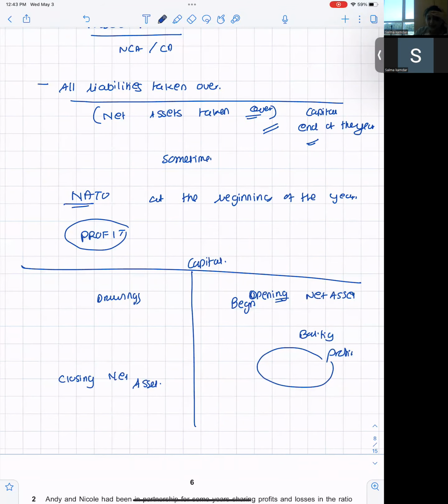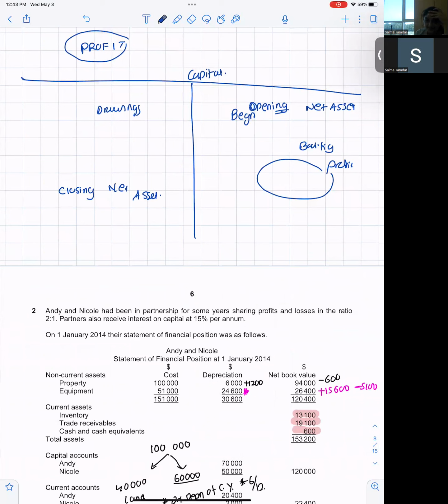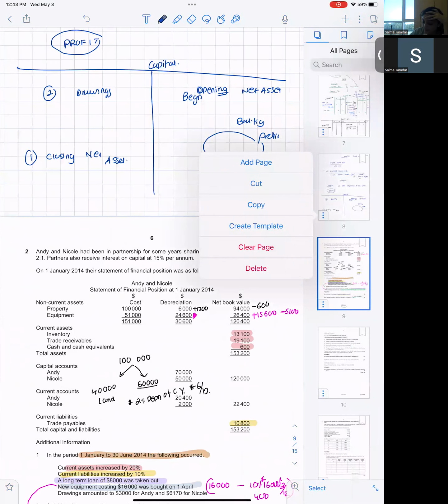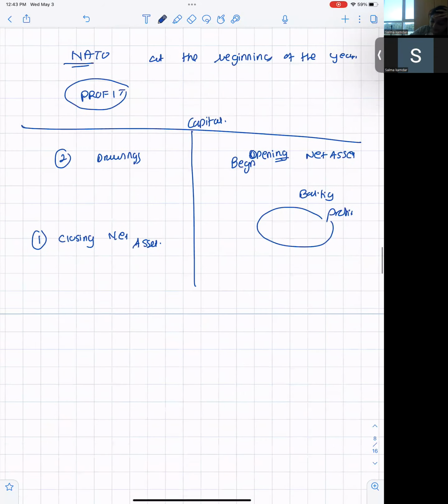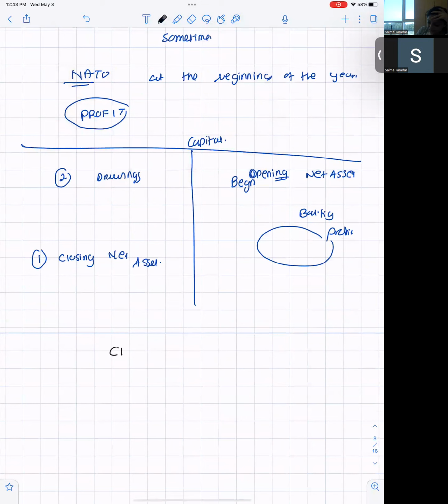So we say closing net assets plus drawings minus your opening net assets.